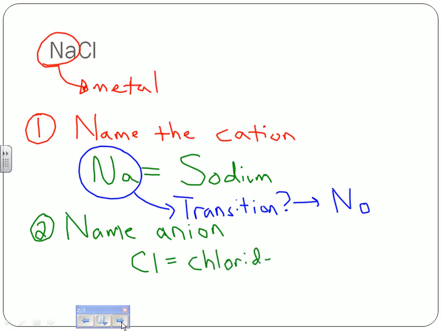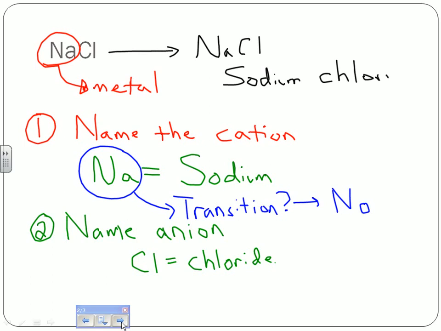We change the suffix, as you might recall, to -ide. So if we look at the formula NaCl, the name would simply be sodium chloride, and that would be the complete name for that ionic compound.